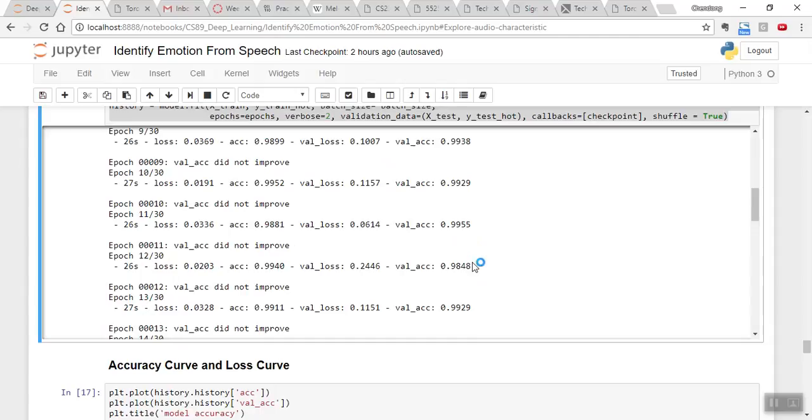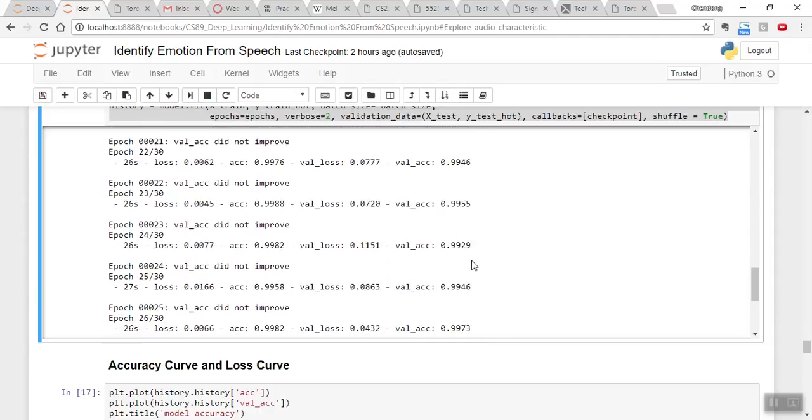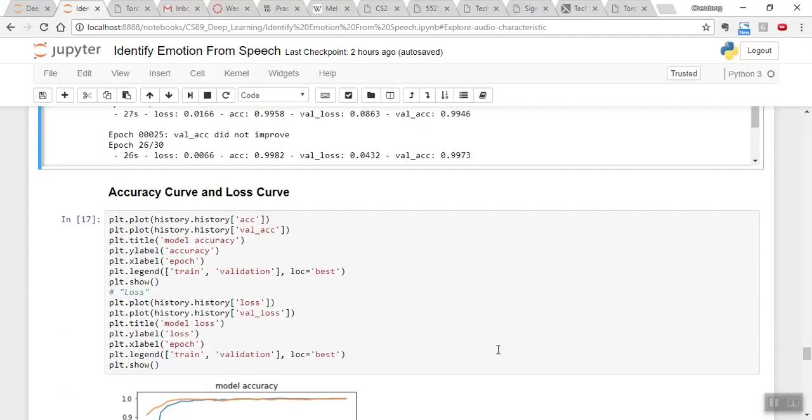The maximum validation accuracy I get is around 99.8%, which is quite high. Considering there are only about 1120 validation samples, only about 2 to 3 samples of the short audio files were misclassified.